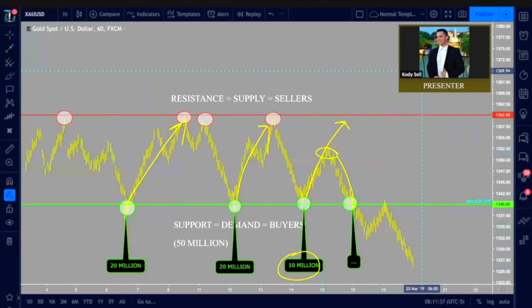So I hope at this point all of you fully understand, at least from a conceptual basis, what's causing support and resistance, what's causing these horizontal lines that you're drawing on your chart to actually have weight, so that you can have confidence in putting money on the line.